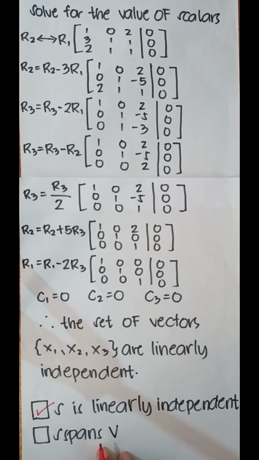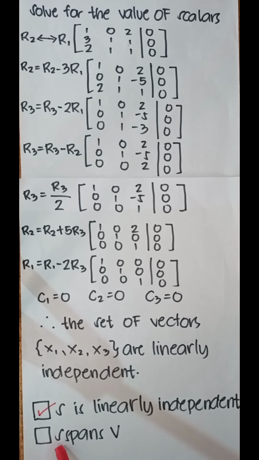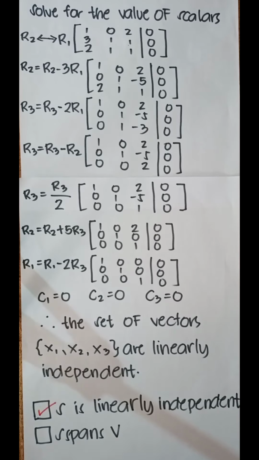S is linearly independent. At this point, we can now proceed to find out if S, the set of vectors, spans V, the vector space.